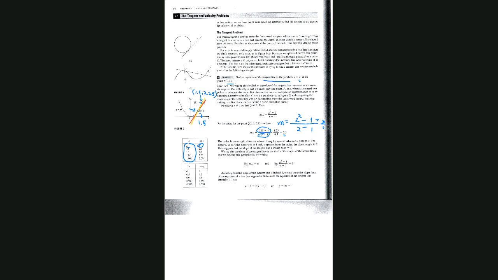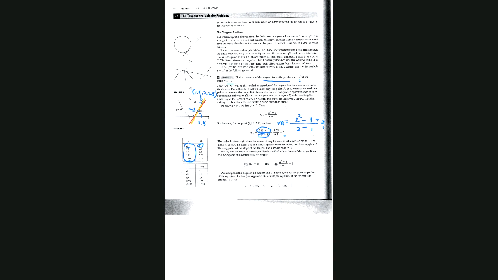So what they're saying is, to approximate the slope of this red tangent line, let's use the slope of a secant line. They're changing the x values so that the secant line gets very close to the tangent line.